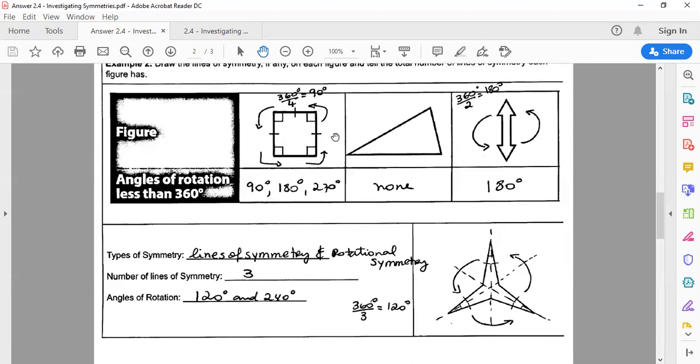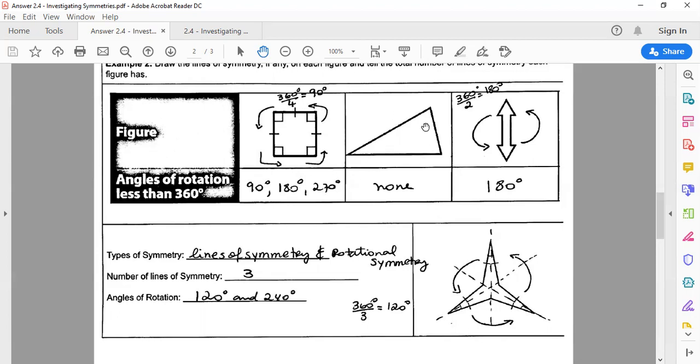I can rotate this 4 times and I go back to the original picture. So if I do 360 divided by 4, I get 90 degrees. That means every time I rotate this picture 90 degrees, I go back to the original picture. So the angles of rotation here are 90 degrees, plus 90 would be 180 degrees, plus 90 is 270 degrees.